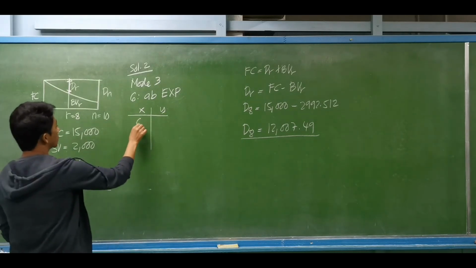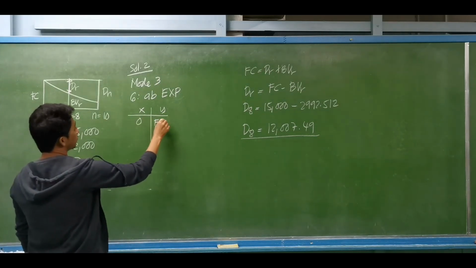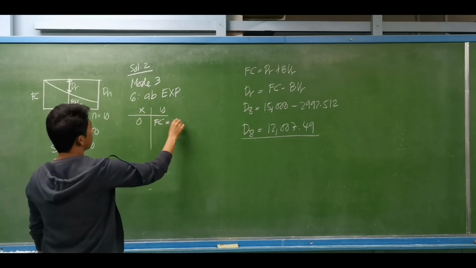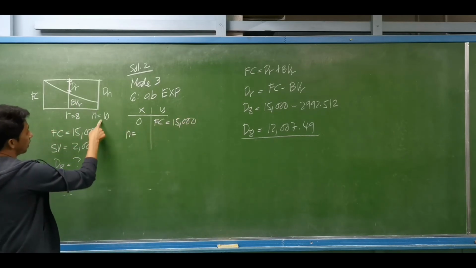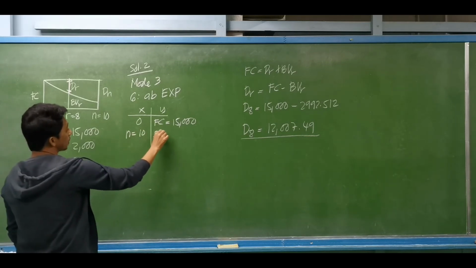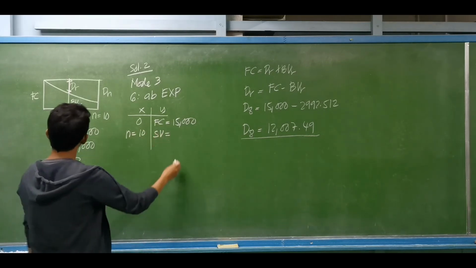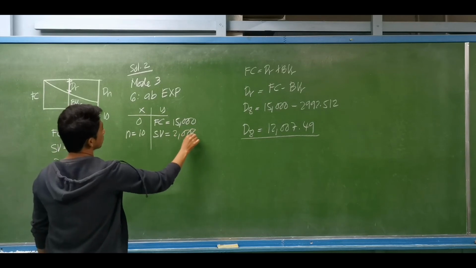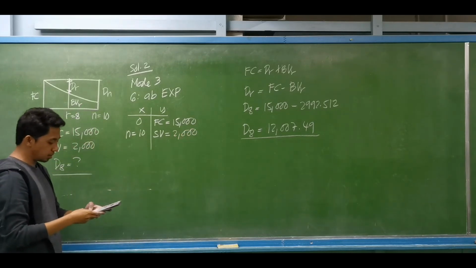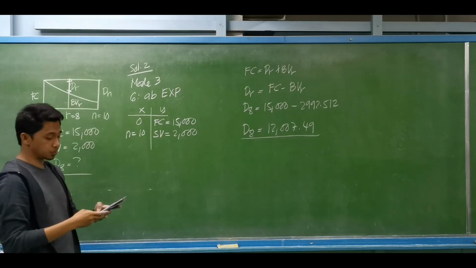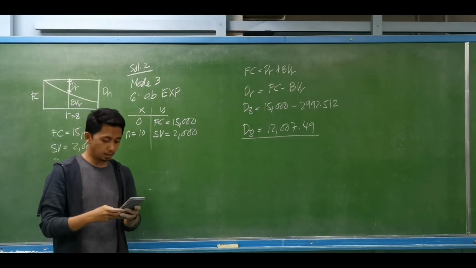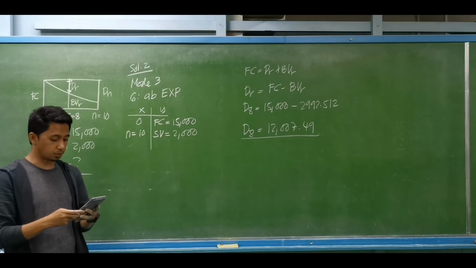At 0 year, the corresponding value is the first cost, 15,000. At useful life, we have 10, and the salvage value is equal to 2,000. So we input the data: 0, 10. First cost is 15,000, then salvage value is 2,000.